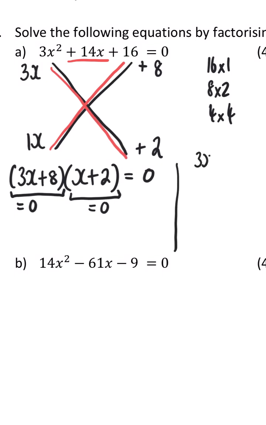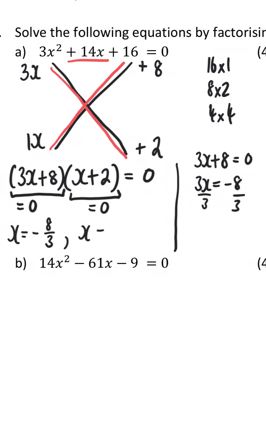Otherwise, write the little linear equation over here and solve that. Subtract 8 from both sides, divide by 3 to get x equals negative 8 over 3, comma, do the same thing for the next one. If x plus 2 equals 0, well, you are subtracting 2 from both sides. x is equal to negative 2.